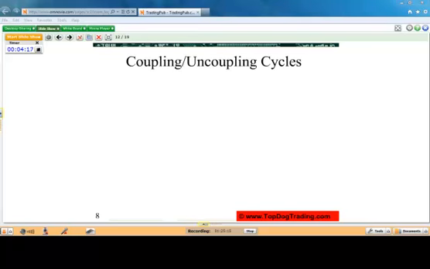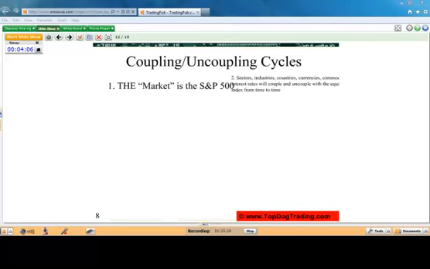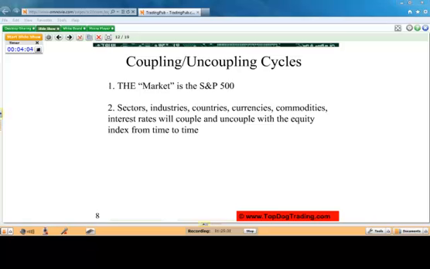Then the other cycle that we'll talk about here is the coupling and uncoupling cycle. When we talk about the market, most people use the S&P 500 as the benchmark. And so then we compare other sectors, industries, countries, currencies, commodities, interest rates, all these different types of markets, how they couple or uncouple with the equity index from time to time.